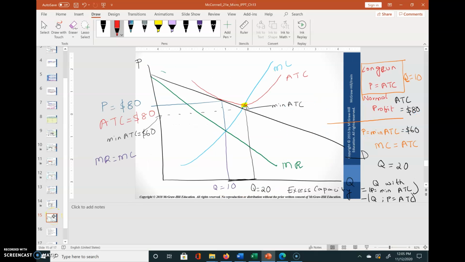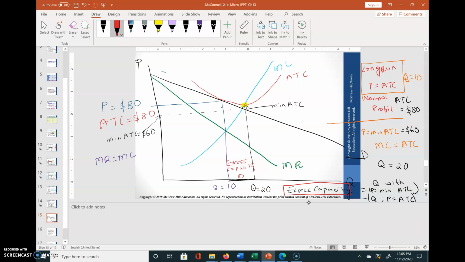So my excess capacity is equal to, this number should be equal to this one, 10. This is the excess capacity, this concept that we see in this kind of market structure.